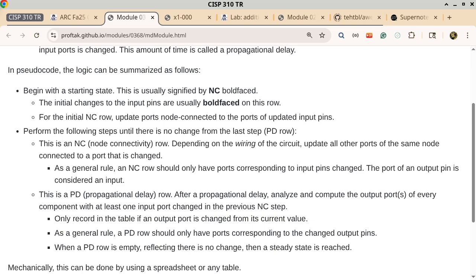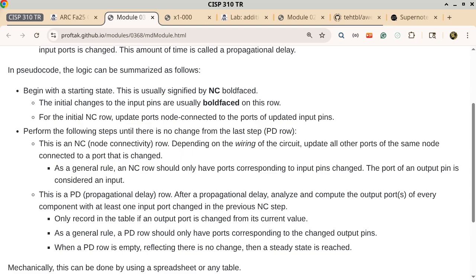And then the next step is called the PD, or propagational delay. So after a propagational delay, analyze and compute the output ports of every component that has at least one of the input ports changed because of the previous NC step. In other words, the NC step would update the input ports of components.